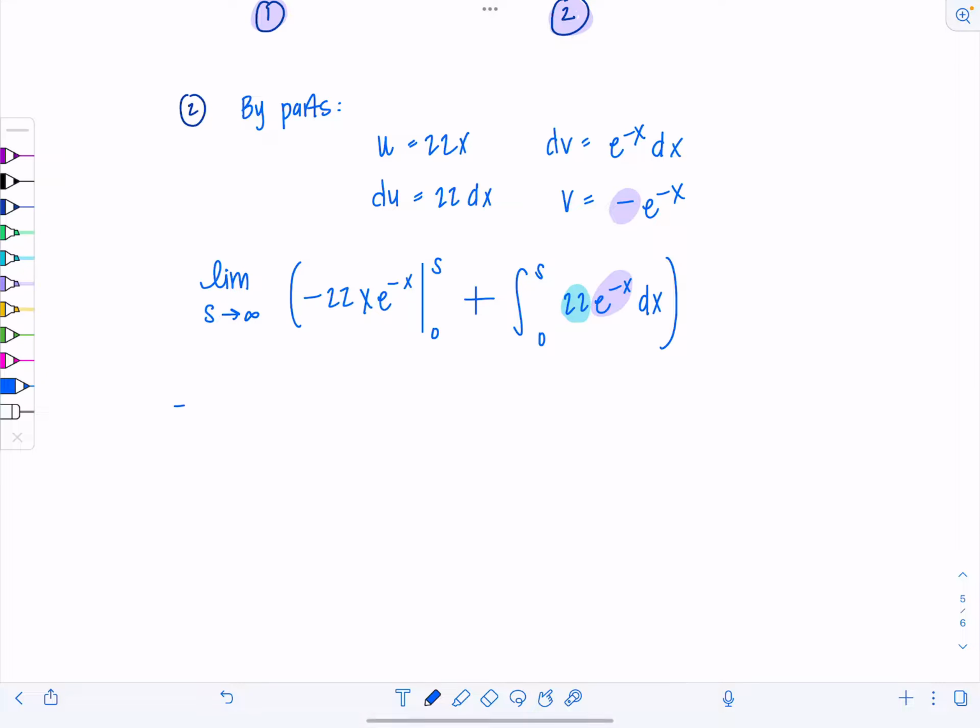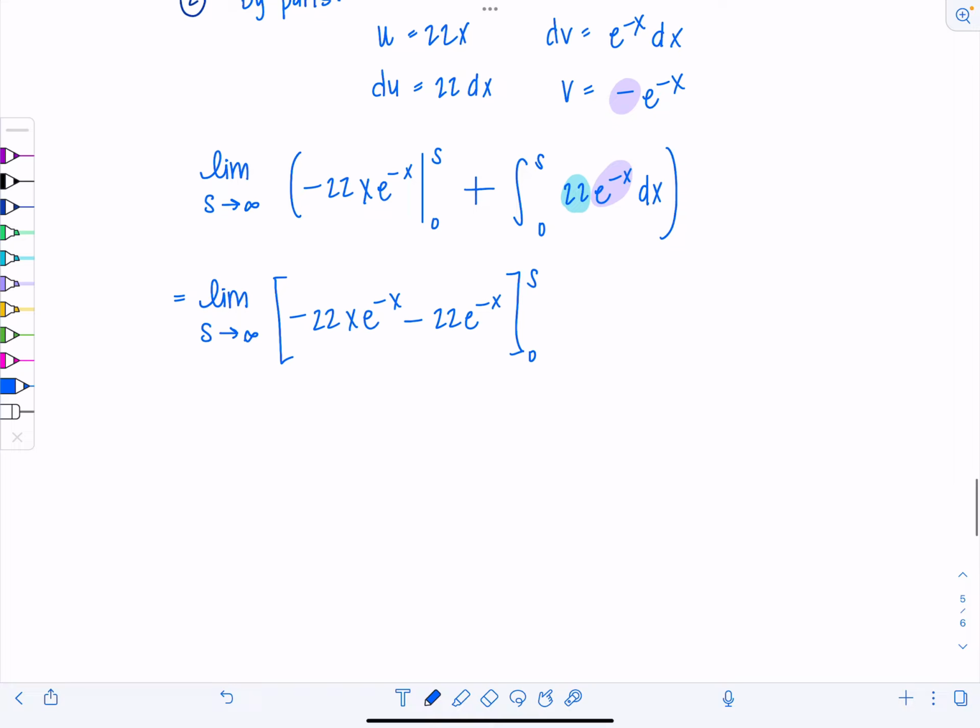So I'm going to rewrite everything in the next line. We've got the limit as s approaches positive infinity of negative 22x e to the negative x, minus 22 e to the negative x, and now this is all going to get evaluated. I don't like those parentheses, let's make them brackets, from 0 to s.